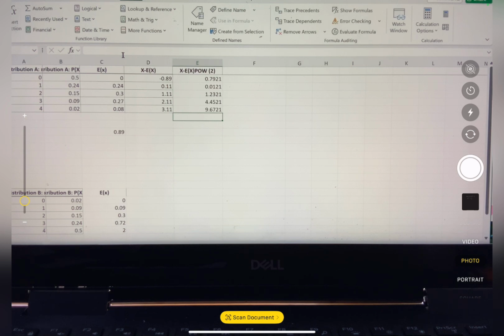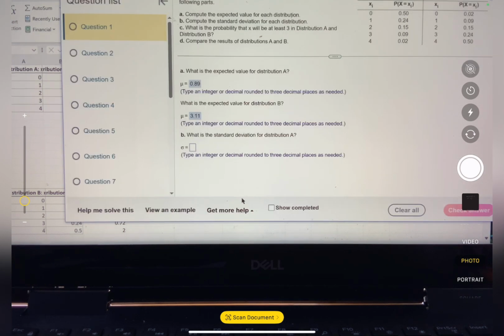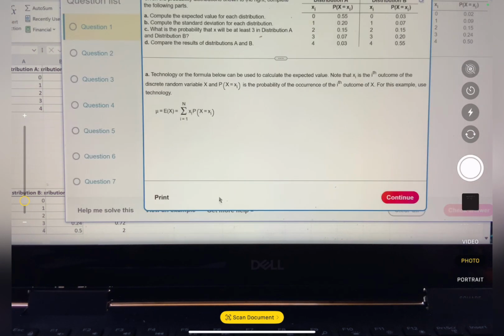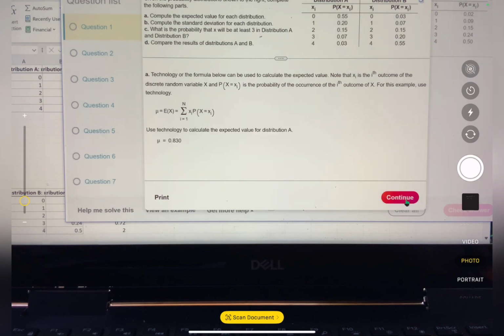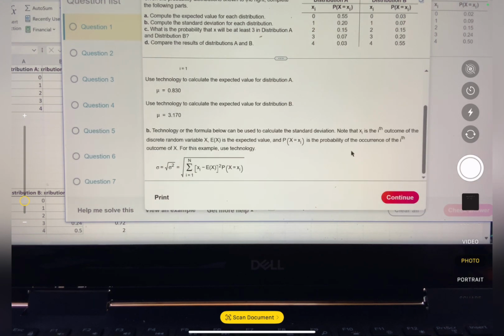So we squared it. Next, let's look at the formula here. We squared it, and now this result we need to multiply by its probability. So the square we got, we need to multiply by its probability, and then add them up, and after that take the square root.